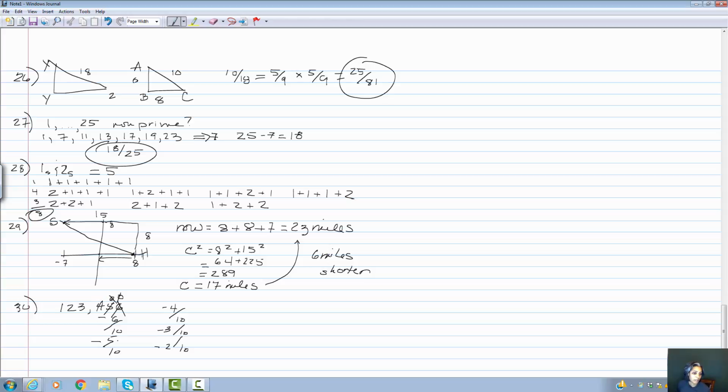Subtract 4, I have a 0 here, divide by 10, I get rid of the 0. Subtract 3, I have 0 here, divide by 10, I get rid of the 0. Subtract 2, I have 0 here, divide by 10, and I just have 1. So the answer is 1. So that's it for warm-up number 3.